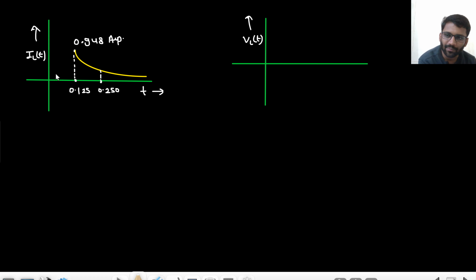But something will happen at t equals to 0.125. From 0.948 ampere it will start and try to go down to 0, but it will be there for 0.125 second only.